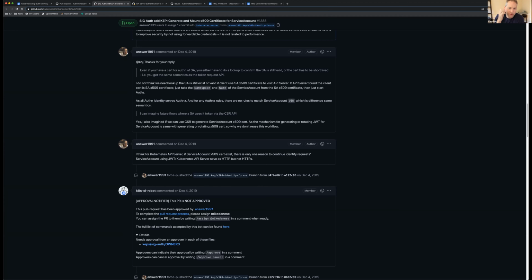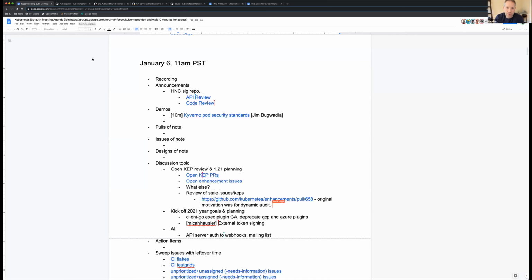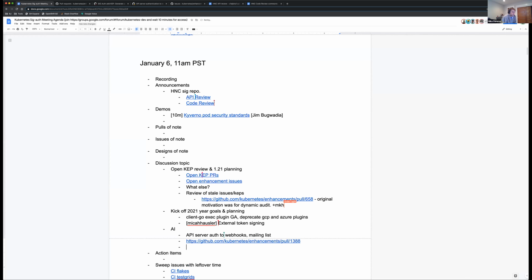And I kind of agree, I would like to see bound service tokens dramatically reduce the surface area risk of secrets on platform security before we introduce a new point of concern. There's another aspect to this KEP, which is serving certificates.